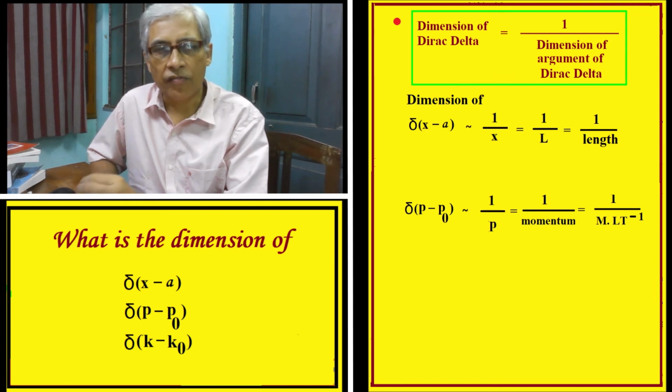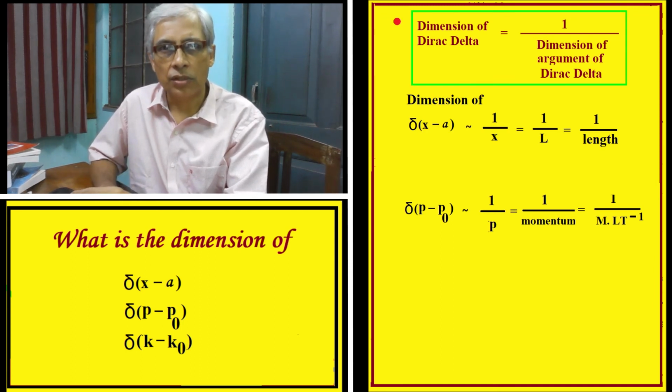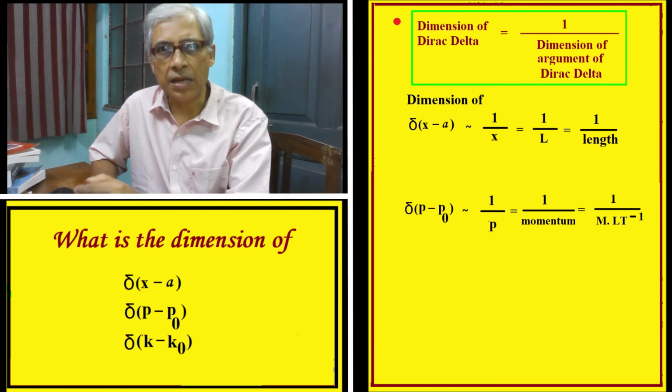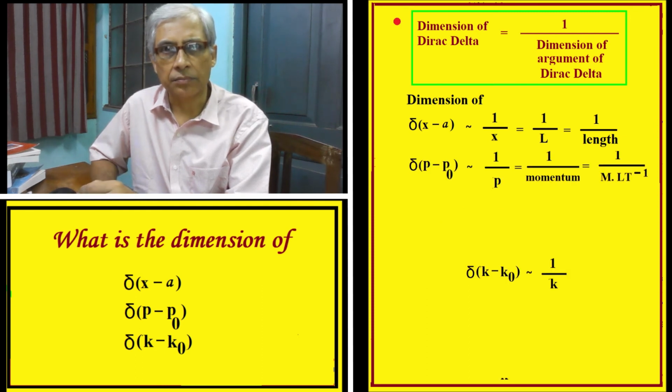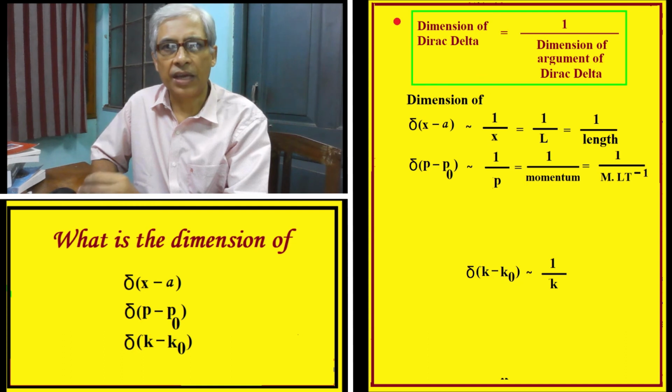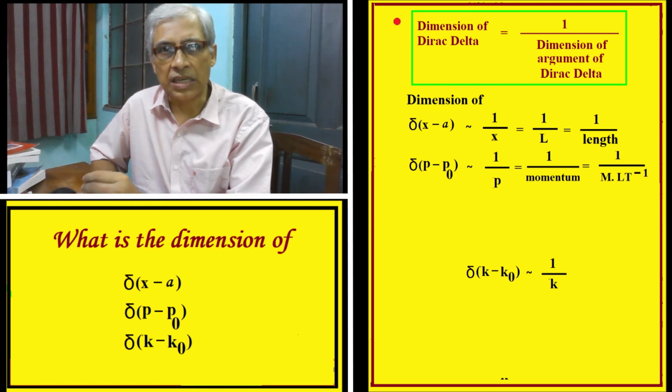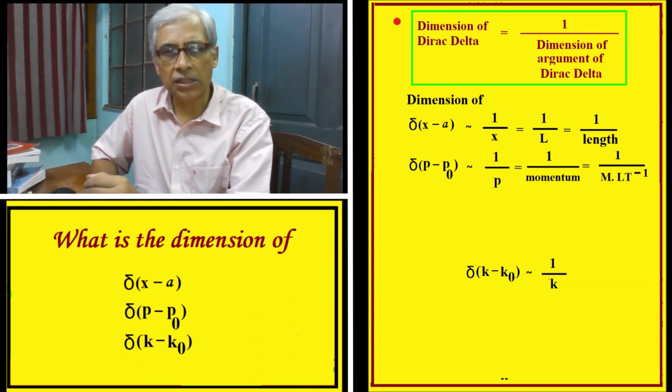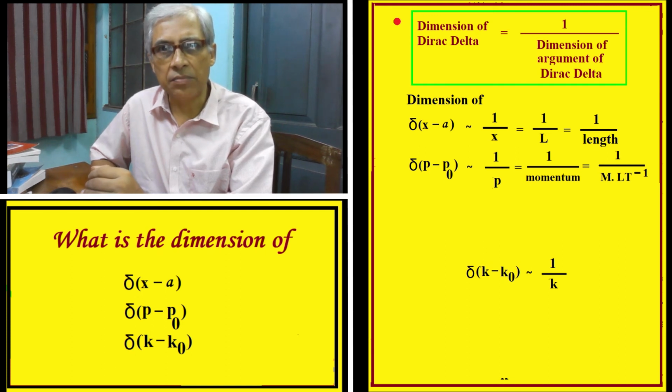Dirac delta of p minus p0 is inverse of p minus p0, and since p and p0 have same dimension, we can write it simply as the inverse of p, that is inverse of momentum. Dirac delta of k minus k0 is the inverse of k minus k0, and since k and k0 have same dimension, we can write it as simply the inverse of k.